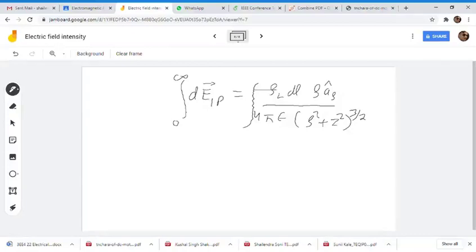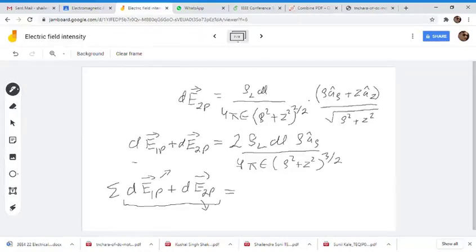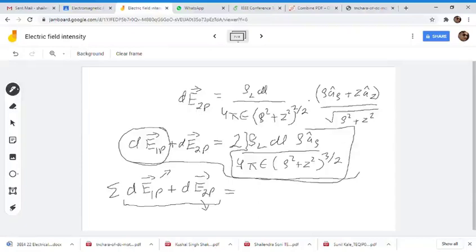Okay, and the electric field at P, what will it be? It will be just twice of this, twice the electric field due to just the positive z. Same thing you are doing here: you calculated dE1p, dE1p is this thing, and you multiplied by 2 to take the effect of dE2p.